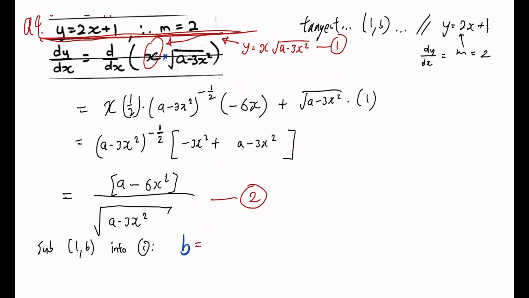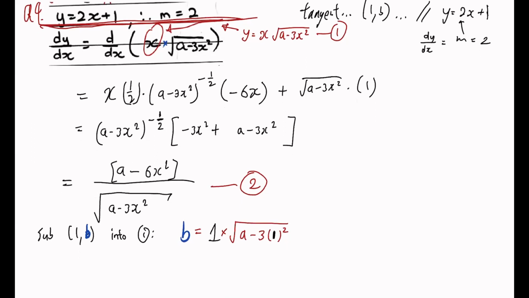Maybe I'll just put blue color for b. Then x times whatever, I'll just replace the x with 1. So it's 1 times square root of a minus 3 times 1 squared. Good.